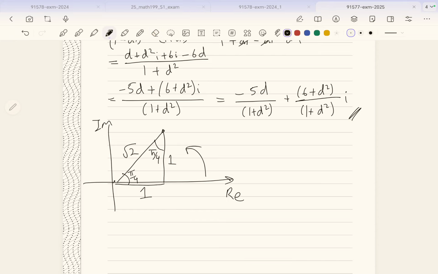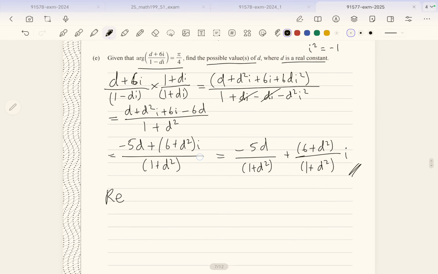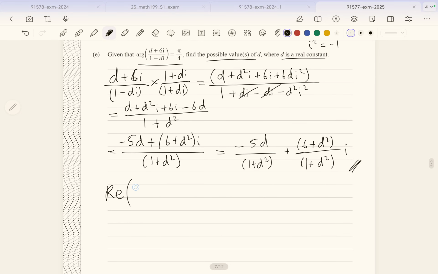And so what this means is that the real part of d plus 6i over 1 minus di is equal to the imaginary part of d plus 6i over 1 minus di.